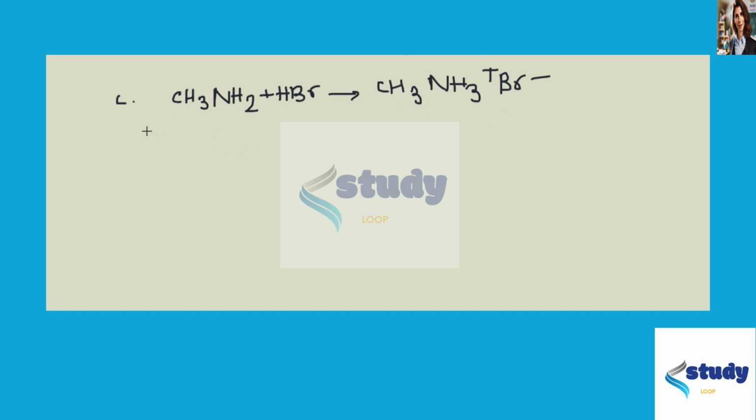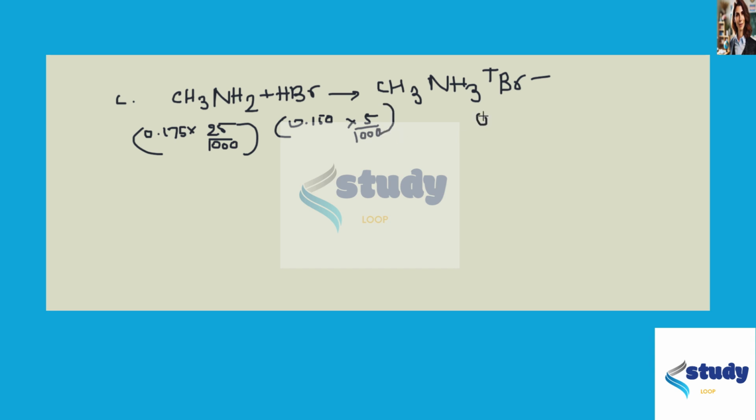So we need to start with the number of moles of methylamine, which will be the molarity multiplied by the volume. The number of moles of HBr added will be molarity into volume again.